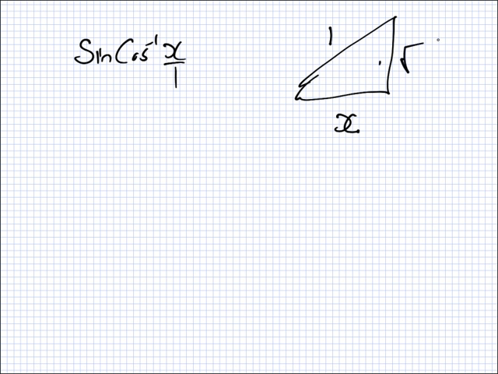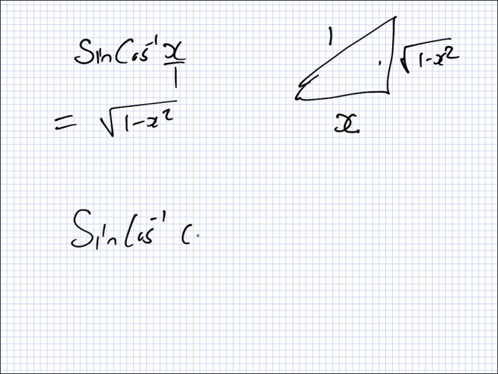So what does this side equal? Just root 1 minus x squared. So for example, sine of cos inverse 0.1 should equal root of 1 minus 0.1 squared.